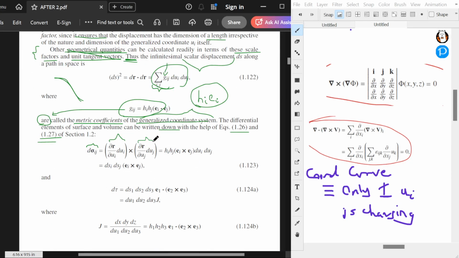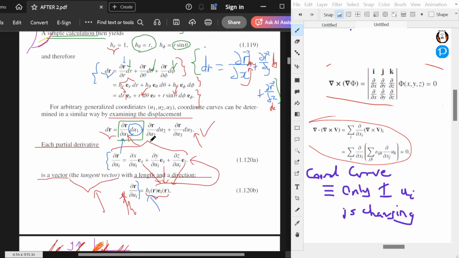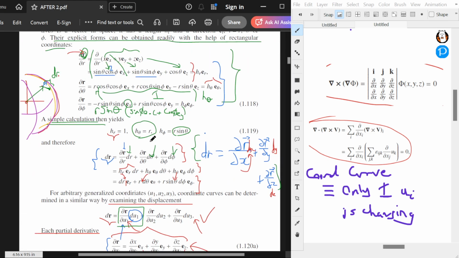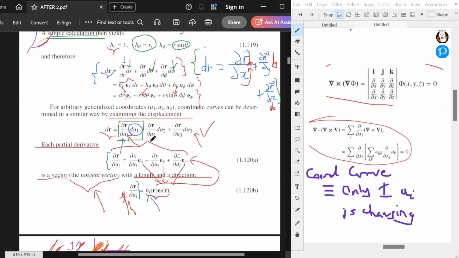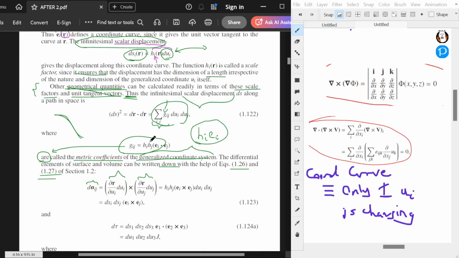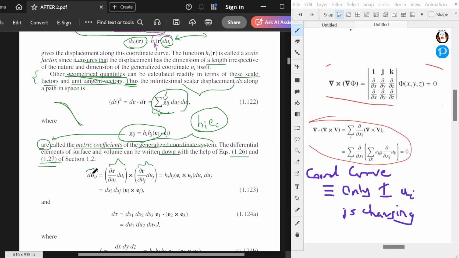Okay, and it's just two guys. DR, the differential area element, IJ.